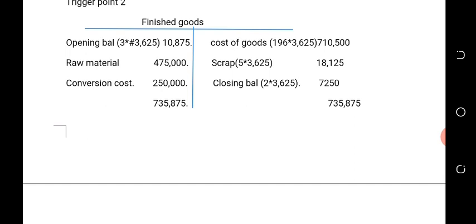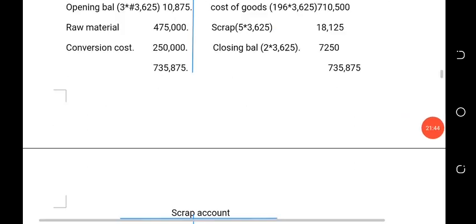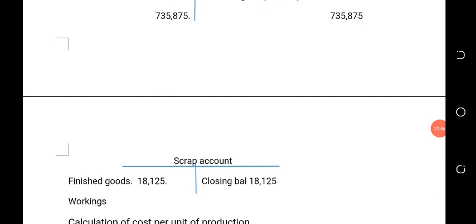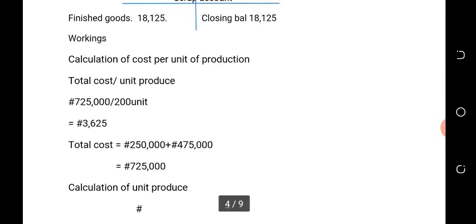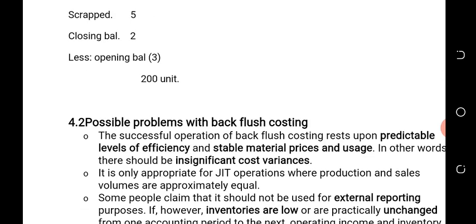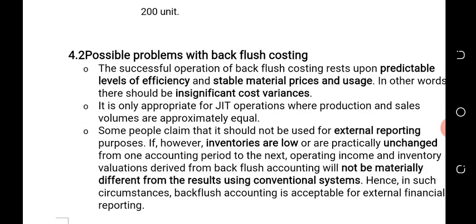So the difference between your debit side and credit side is your closing inventory. So with this, we should be able to understand Backflush costing, how it's being recorded, or Backflush accounting.